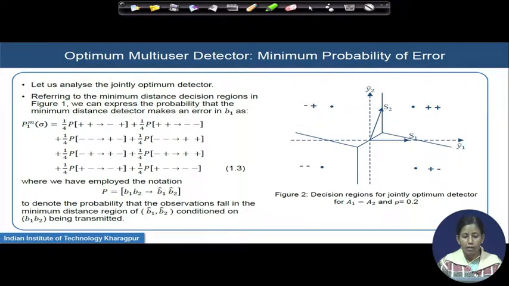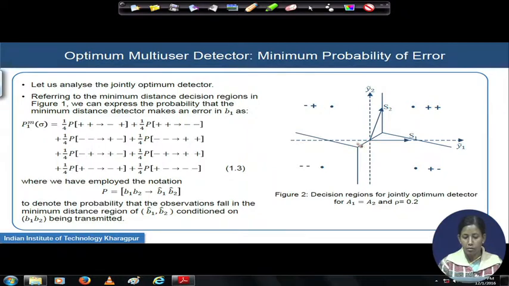So, let us start, and we continue the analysis with this jointly optimum decision strategy, referring to the minimum distance decision regions that we have seen earlier, where the minimum distance detector makes an error in identifying B1. P1M, where M stands for the minimum distance detector, tries to detect a signal by minimizing the distance.